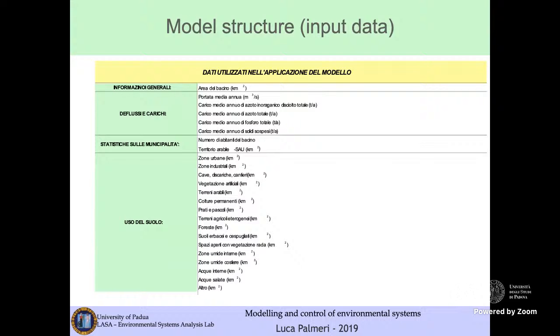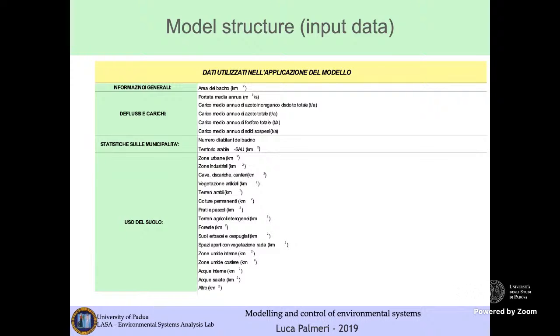This table is a list of the input data employed by the model. Please keep in mind that we are thinking of a specific application of the model, that is the Po catchment river.